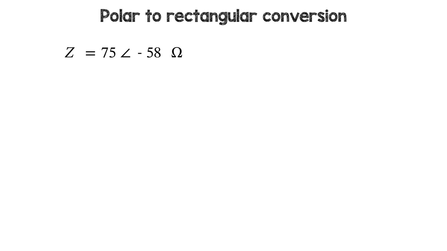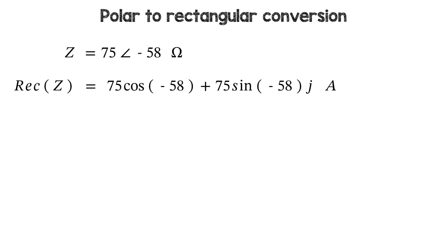Just another quick example. If an impedance Z is 75 ohms at minus 58 degrees, then find the real and imaginary by doing 75 cos minus 58 degrees for the real, plus 75 times the sine of minus 58 degrees for the imaginary. And don't forget to put the j and the units.